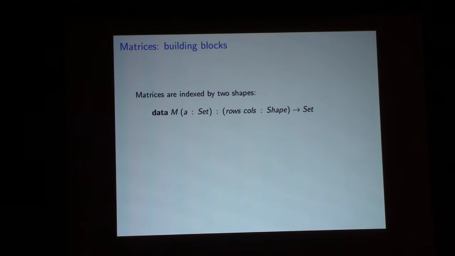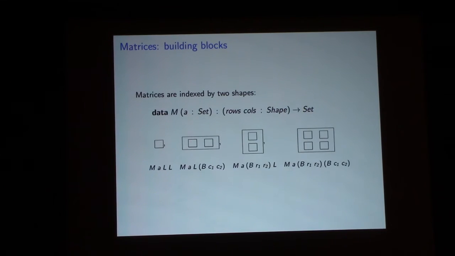So let's look at the matrix. We have a data type with a type for the contents of the matrix, and then we have a shape for each dimension. Here is an illustration of the constructors of my matrix. First we have the single element matrix, which can only contain some other value.